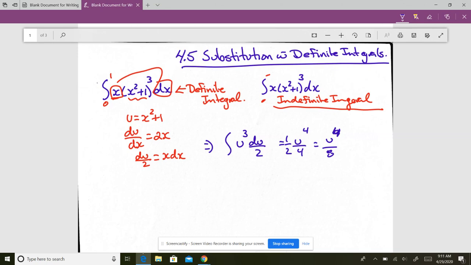We don't have to put the plus c because when I sub back in what my u was, that's x squared plus 1 to the power of 4 over 8, evaluated from 0 to 1, which gives me 1 squared plus 1 to the 4 over 8 minus 0 squared plus 1 to the 4 over 8.